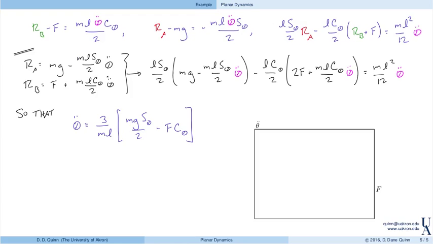In addition, I can always go back, take this, and then determine the reaction forces. So if I do that, I find that RA is, and I've done a bit of algebra and simplification here, but ultimately you get 1 minus 3 sine squared theta over 4 times the weight plus a term that looks like 3 sine theta cosine theta over 2 times F. So the reaction force at A depends on the weight and the applied load.